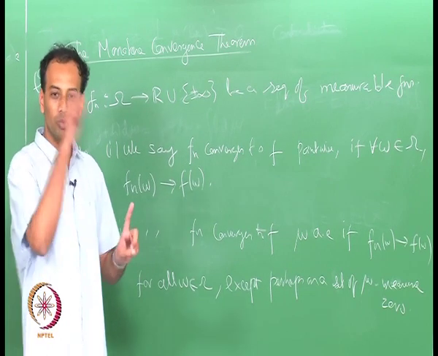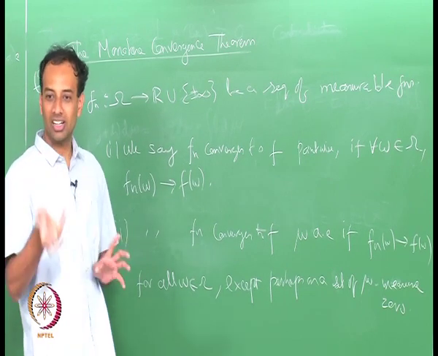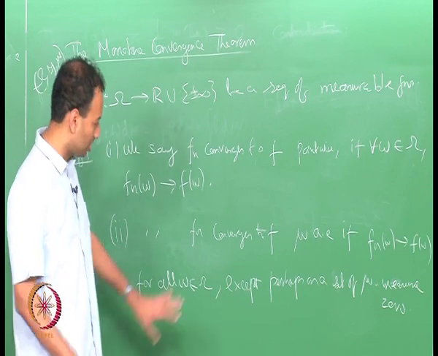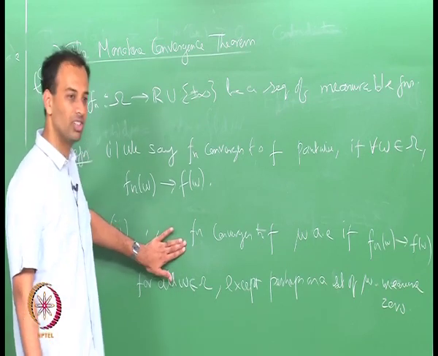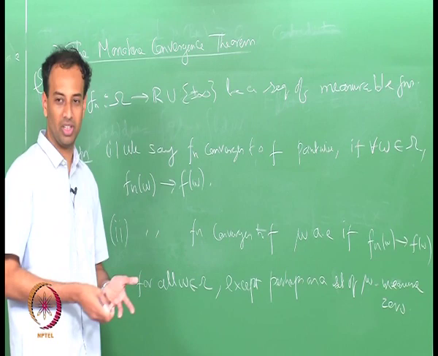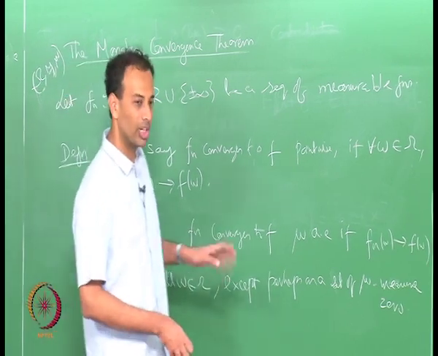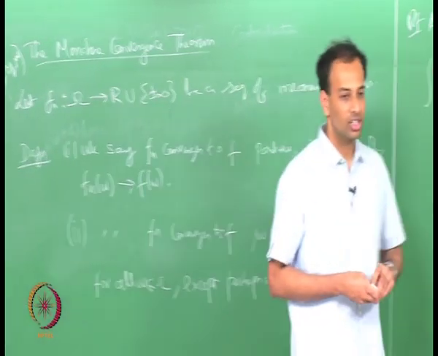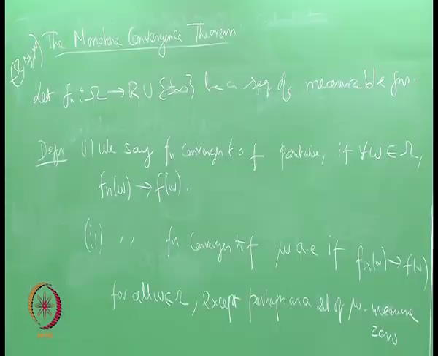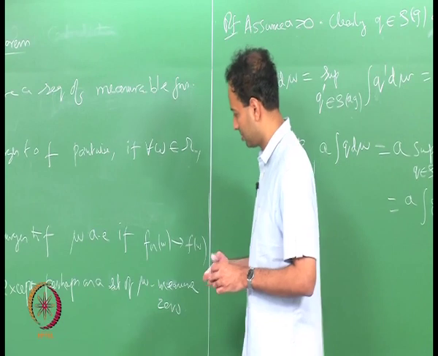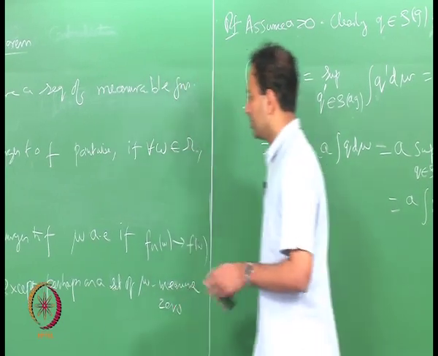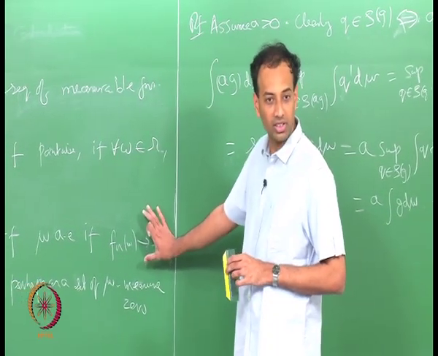There may be 0 probability omegas where the convergence does not happen. I will write that down explicitly a little later when we study convergence of random variables. So far, are the definitions fine for everybody?